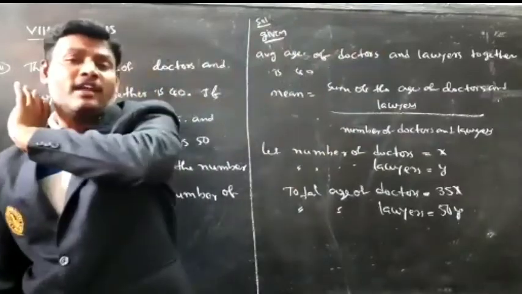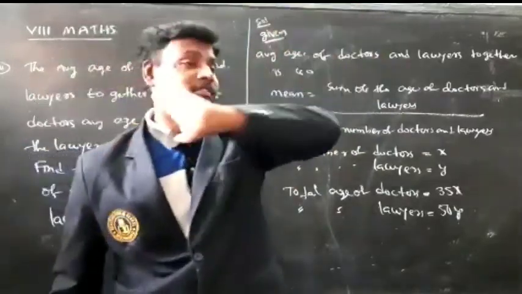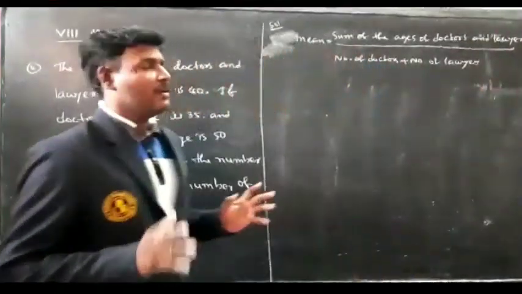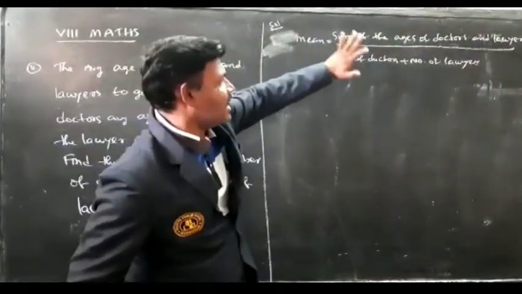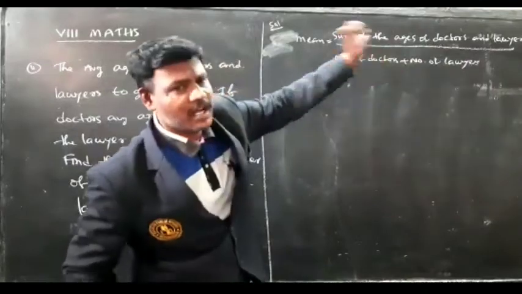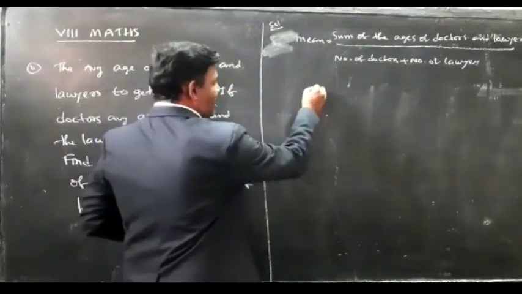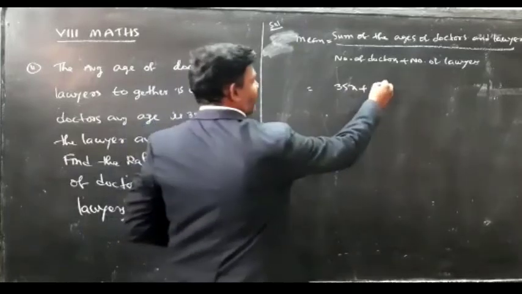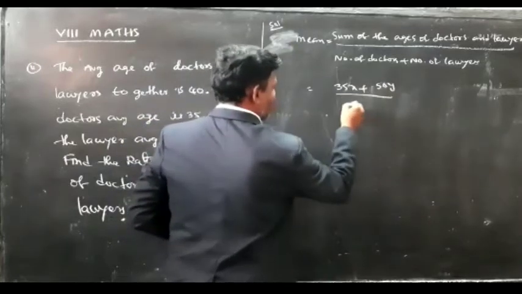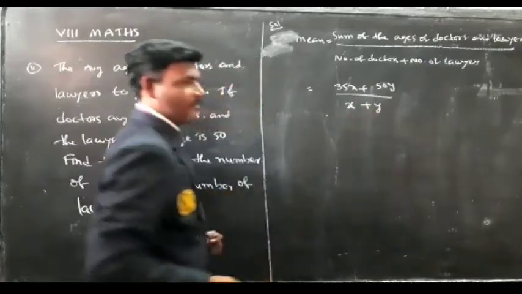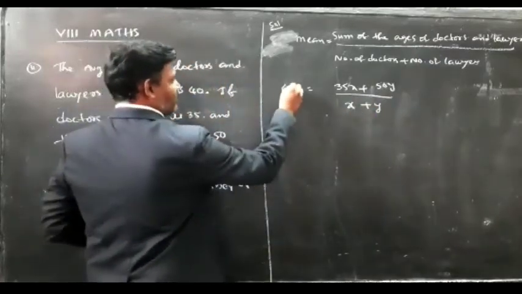It means you have to find the sum of the ages of all lawyers, which is 50y. Here what about the mean? Mean is nothing but the sum of the ages of doctors and lawyers by the number of doctors plus the number of lawyers. The age of the doctors is 35x, plus the age of lawyers 50y, by x plus y, where I took the number of doctors as x and the number of lawyers as y. The mean is 40.